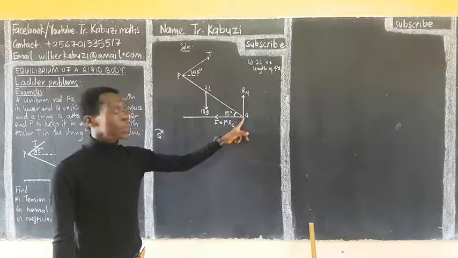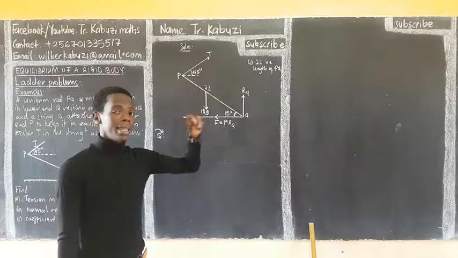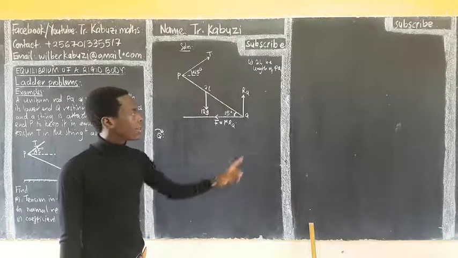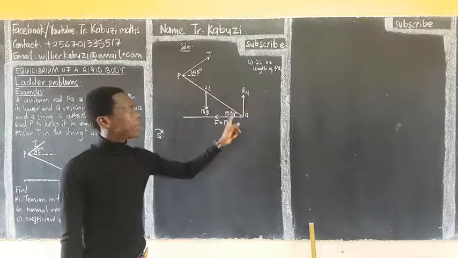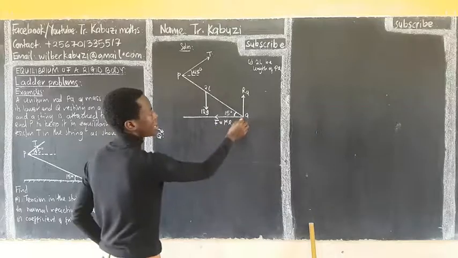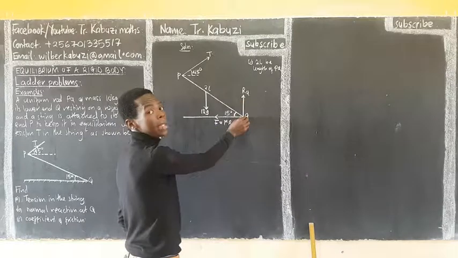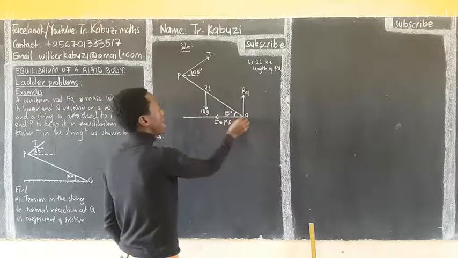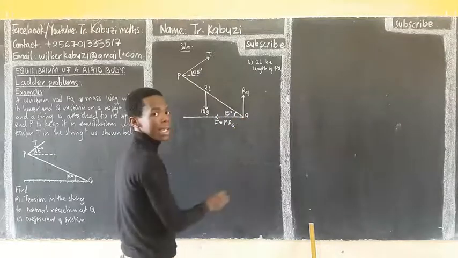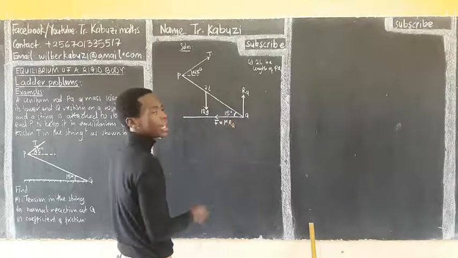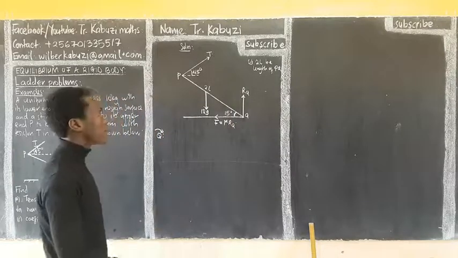Why? Because moments are given by the force times the perpendicular distance. At this point Q, these two forces have perpendicular distance 0, so their moments are 0.